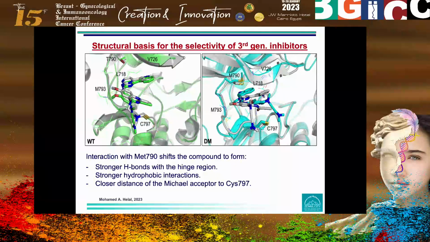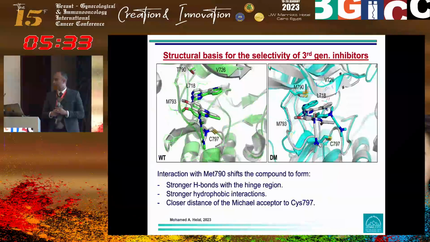And also these hydrophobic contacts push the ligand slightly outwards, making the hydrogen bond with the hinge region stronger with methionine 793, which is essential for kinase inhibition. And also it strengthens the hydrophobic interaction with valine and leucine. And most importantly, it brings the Michael acceptor, the acrylamide group, closer to the cysteine to form the covalent bond more easily.